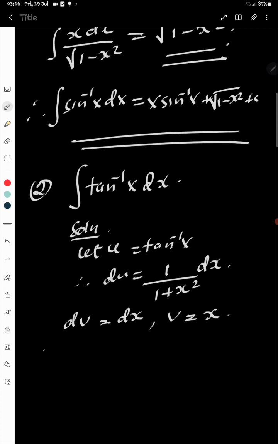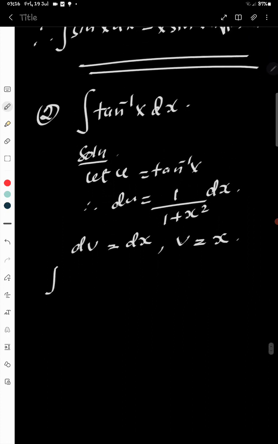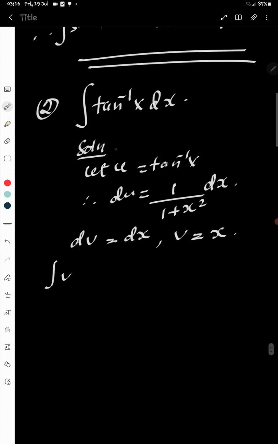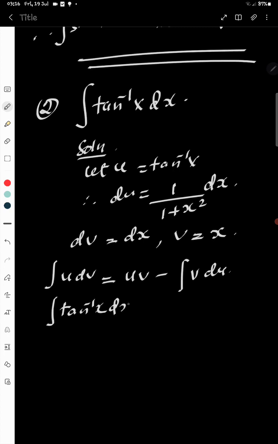From the integration by parts formula, we have integral of u dv equals uv minus integral of v du. Therefore, integral of tan inverse of x dx equals x tan inverse of x minus integral of dx over 1 plus x squared.